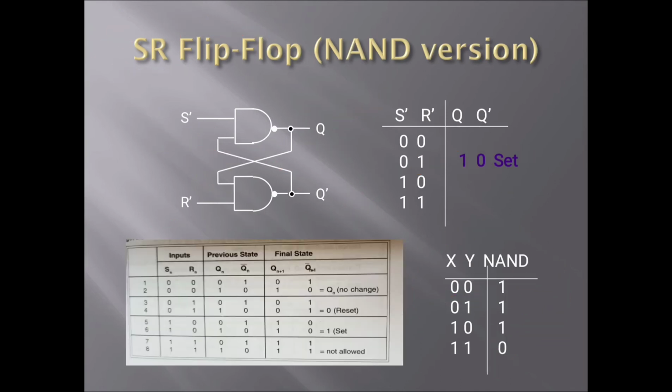Then see here, in the 0 1 case, when the value of Q is 0 and Q complement is 1, again in the next state we get the values 1 and 0, that is the set state.